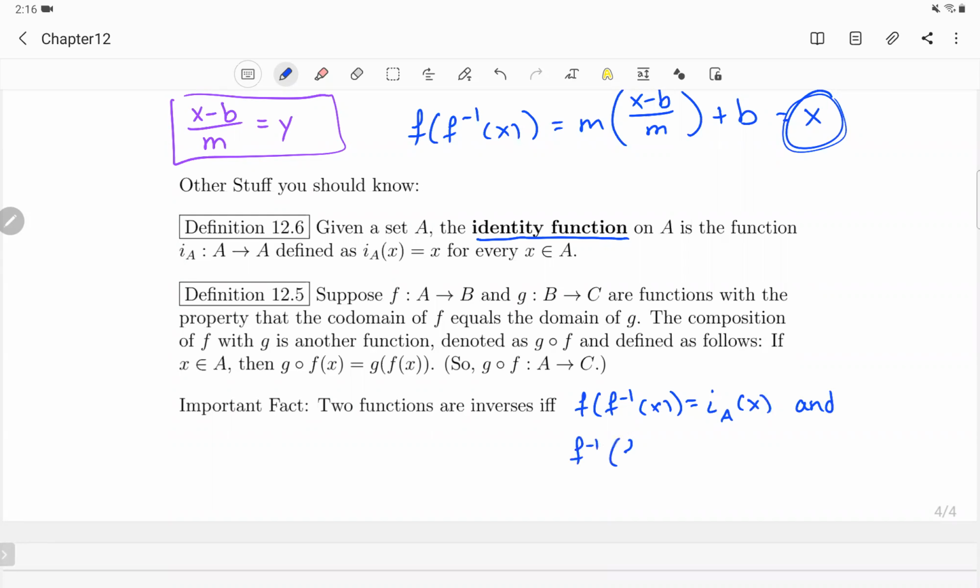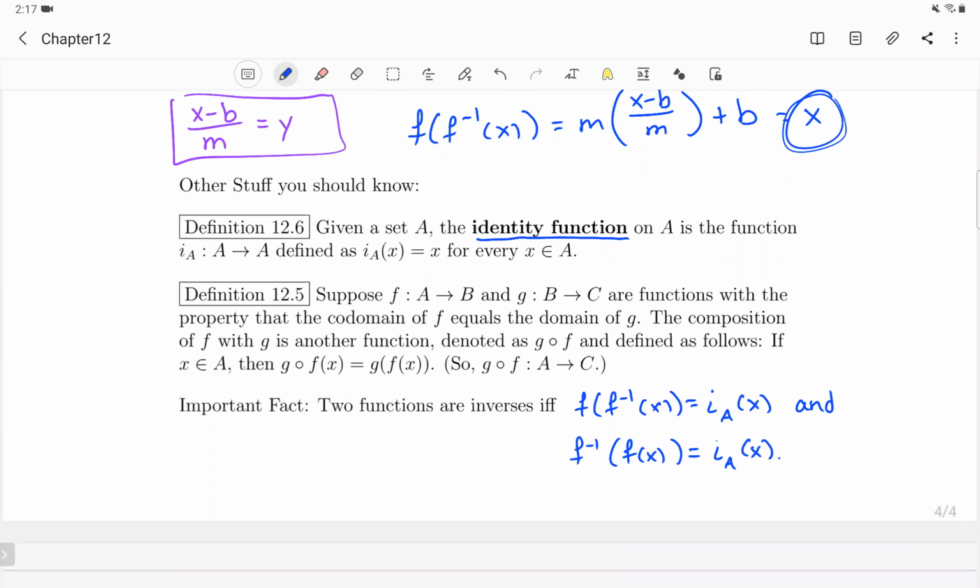F inverse composed with f of x equals the identity function. So we could have put an equals x. I'm just trying to use the notation to bring that in.